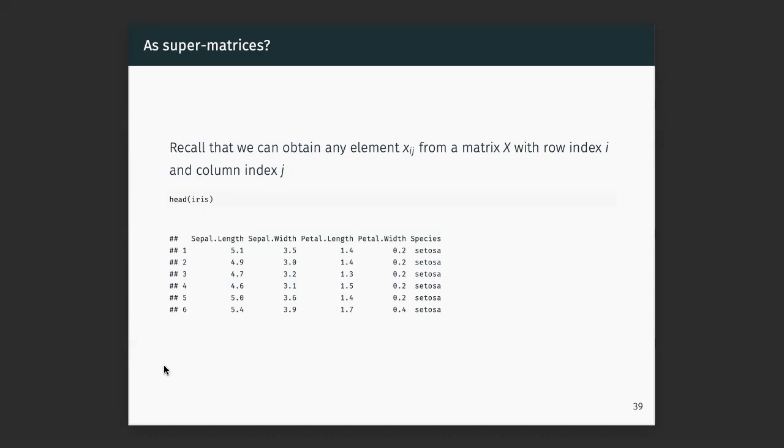We can also say iris 6, 2. 1, 2, 3, 4, 5, 6. 1, 2, 3.9. Right, so we can obtain any single element from a data frame with a two-position notation. Row, column. 6, 5, Setosa.